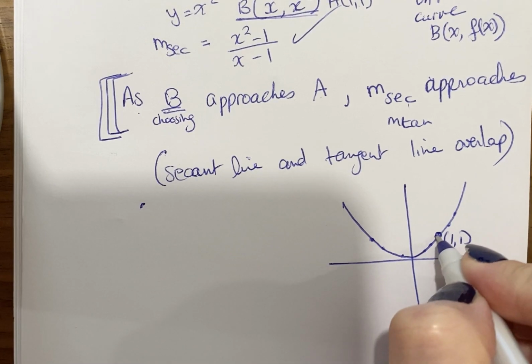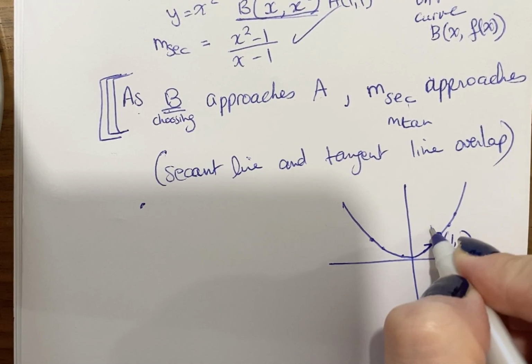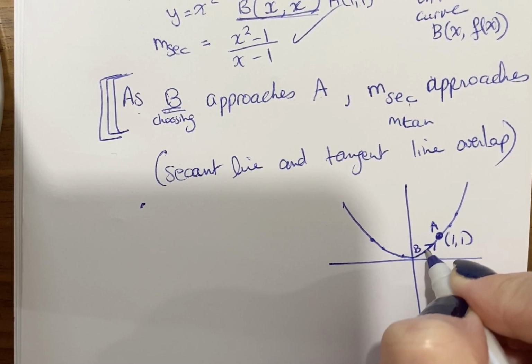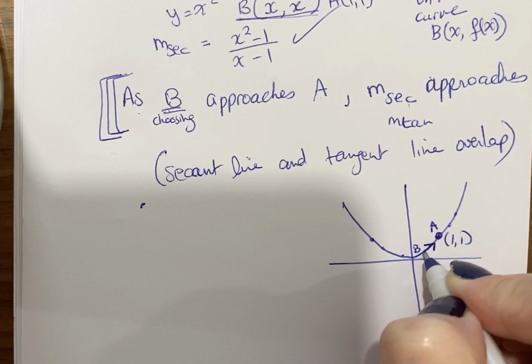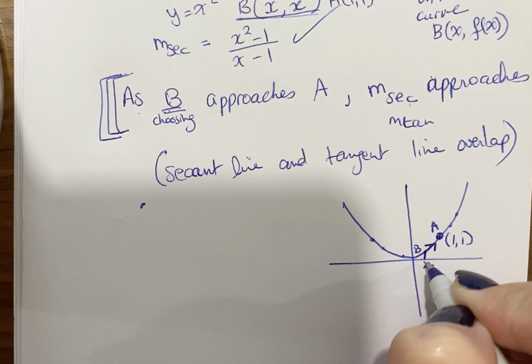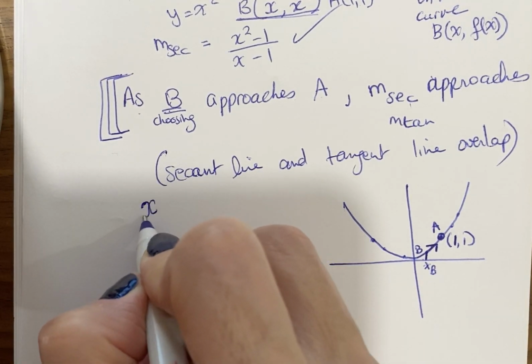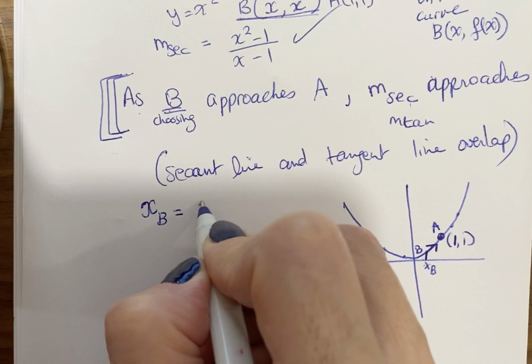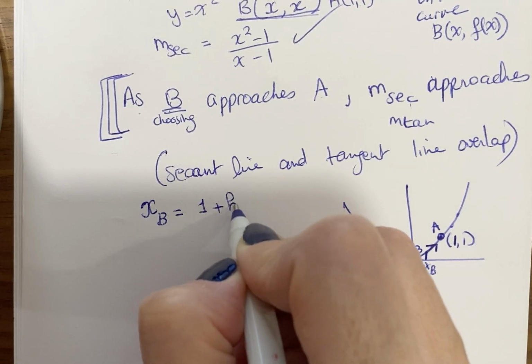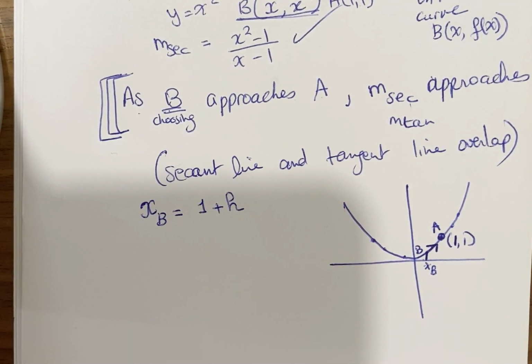But for it to be approaching A, so if this is A and I'm choosing B, for B to approach A, what should happen? The X of B should approach 1. So the X value should approach 1. What happens when X approaches 1? It means I can call X of B 1 plus a very small number or minus a very small number.